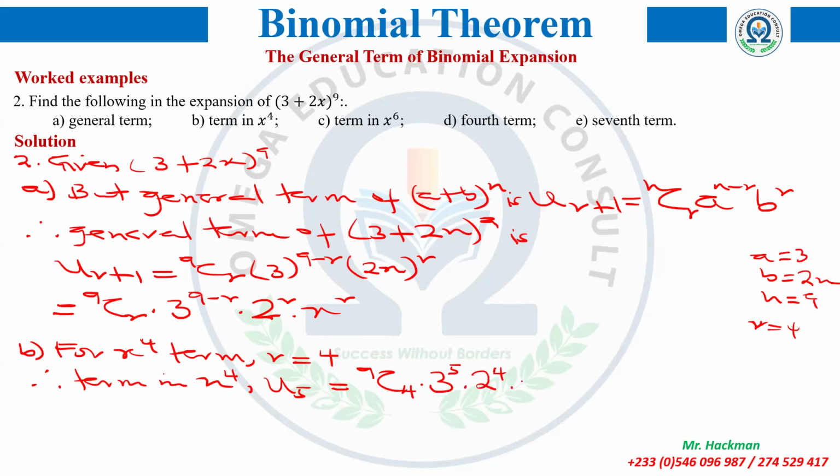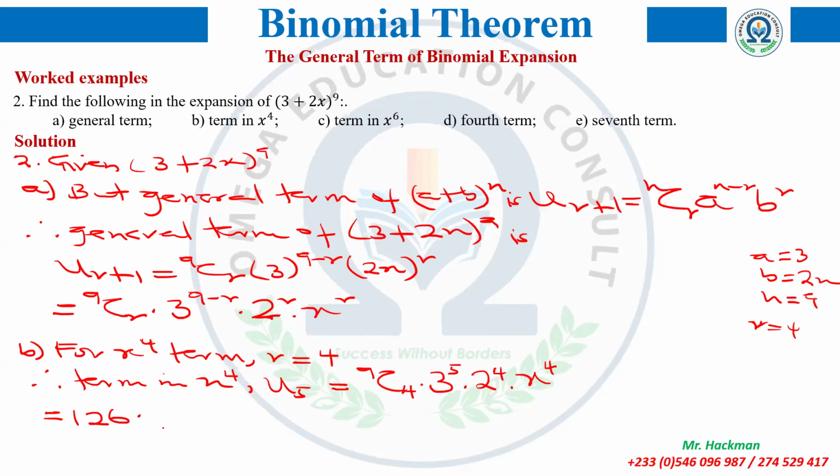Yes, please. Then times X to what power? 4. In any case, we are looking for the X to the power 4. So these are all constants. So we are going to find their values individually, then later multiply. So that will be equal to 9 combination 4, which is 126.